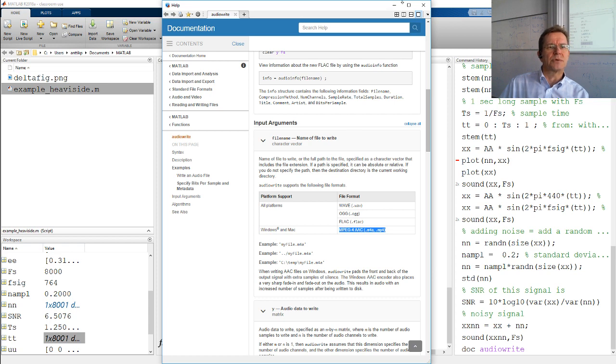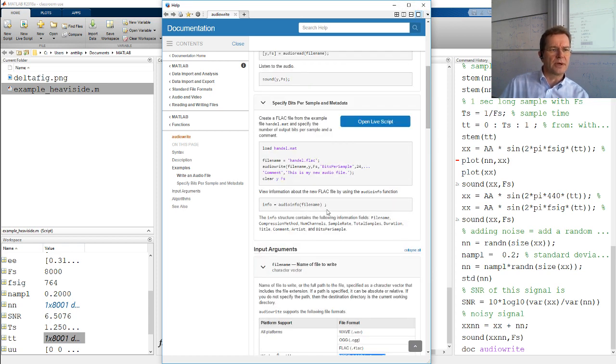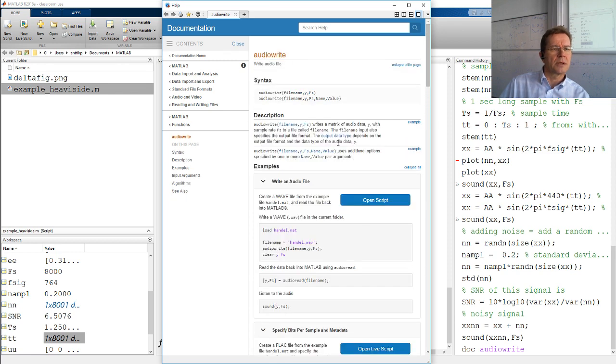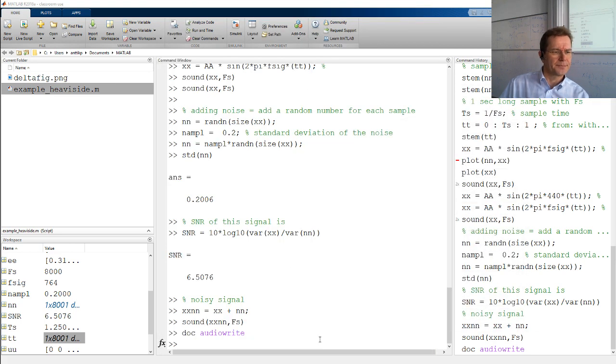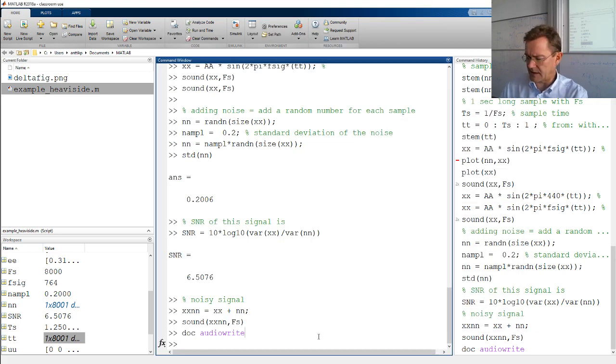So basically what you just need to do is to call audiowrite with file name, data, and sample rate. Okay, there.